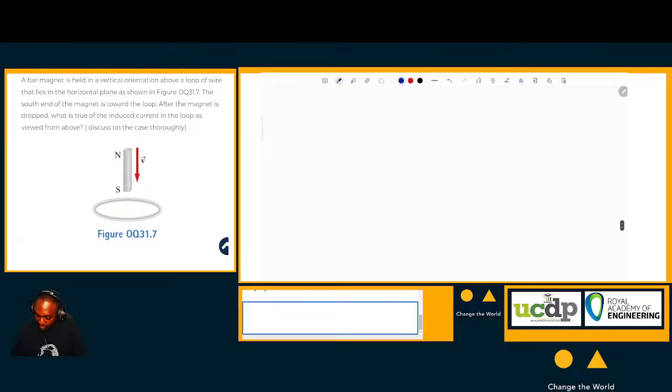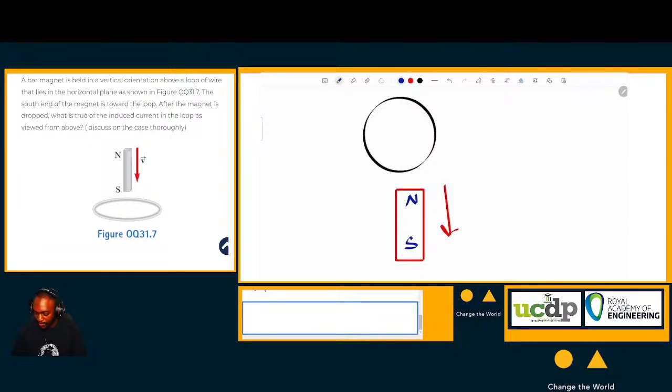Let's say that the magnet continues to fall down. This is our circular loop, and you still have your magnet falling, going down, and this is your north, and this is your south.